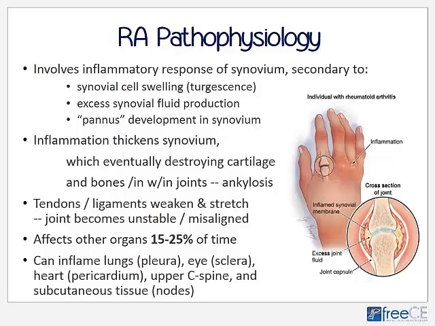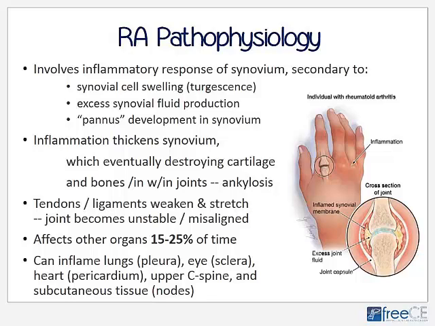Now, OA can take this path too, but it destroys cartilage in a different way. It's not so much an inflammatory process. OA, of course, is more about wear and tear, grinding that cartilage down. And the cartilage loses its ability to absorb water and loses its cushioning ability.